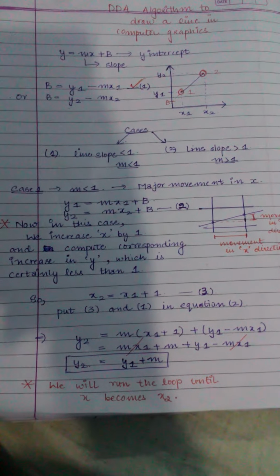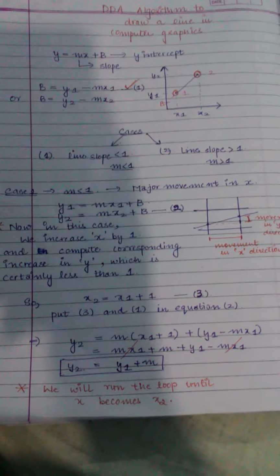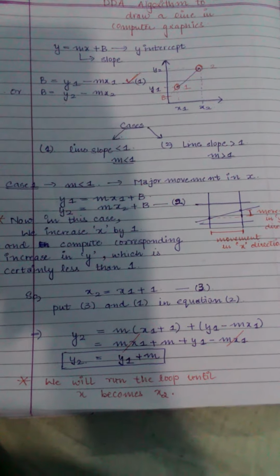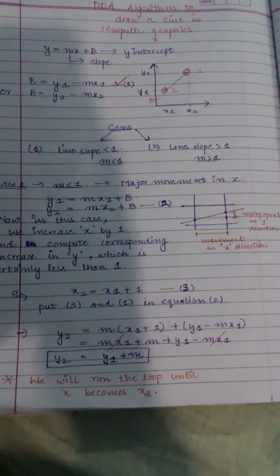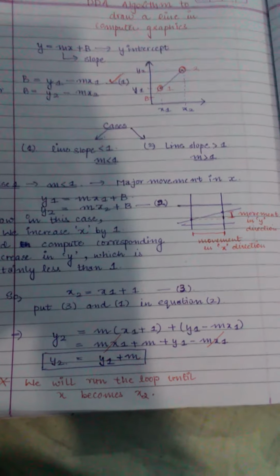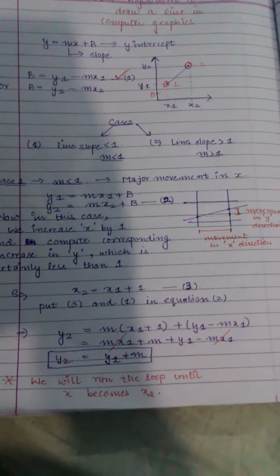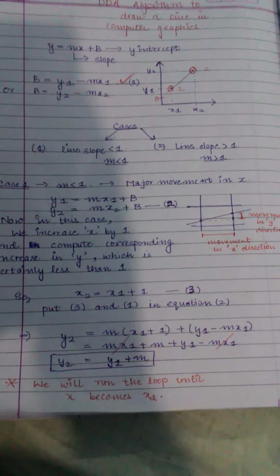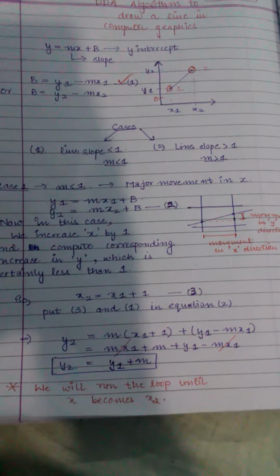Now we substitute equation number 1 and equation number 3 in equation 2. When we substitute that, we get y2 = m(x1 + 1) + y1 - mx1. Now we open the brackets and cancel mx1, and we get y2 = y1 + m.